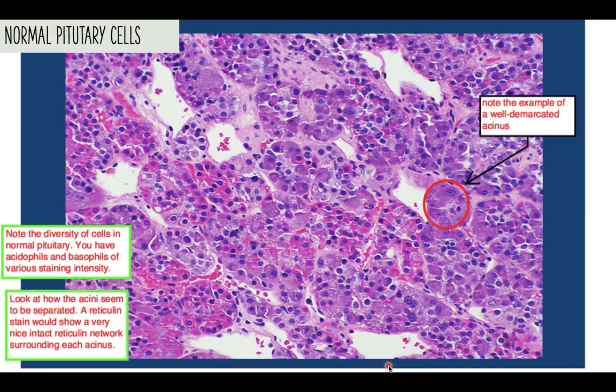Pituitary glands are composed of a diversity of cells that suit their function in producing a variety of hormones. As you can see here, some of the cells contain eosinophilic granular cytoplasm that we call acidophils, some of the cells have a basophilic cytoplasm, which we call basophils, and the cells in between we call chromophobe cells.